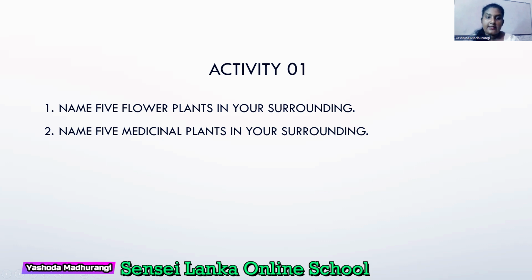Then what else? Think about medicinal plants. Aloe vera, do you know them? Like this, go to your surrounding and see what are the medicinal plants that you can see and complete this activity. There are 2 questions.